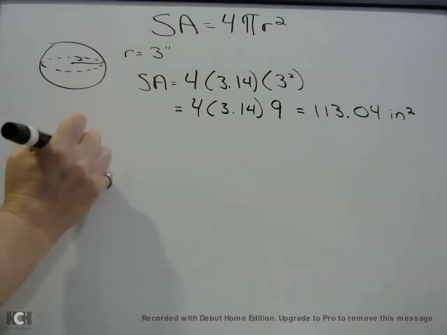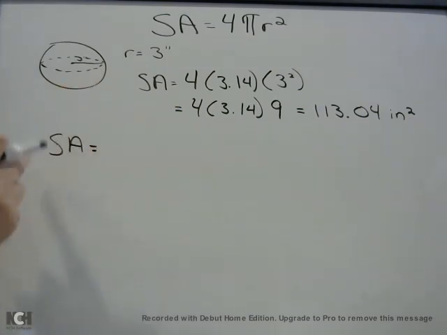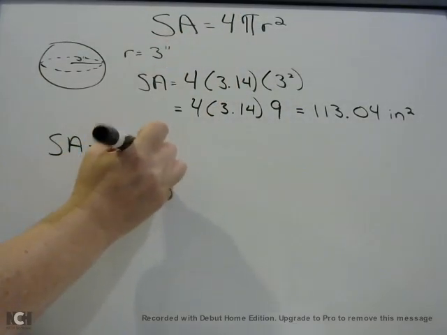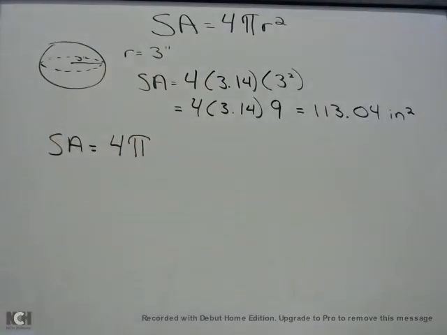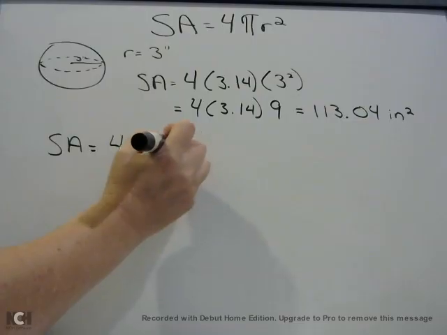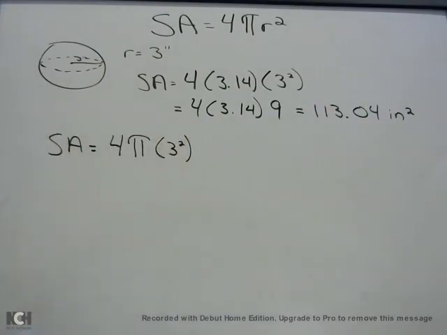So, same question, where the radius is 3 inches, 4 times pi, but we're just going to leave that symbol there. It represents a number, we're just going to leave the symbol there, times radius squared, 3 squared.